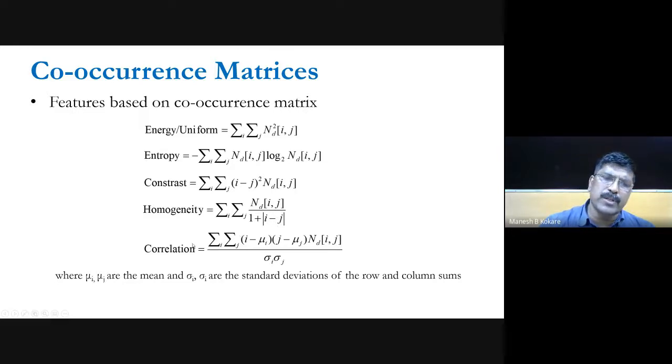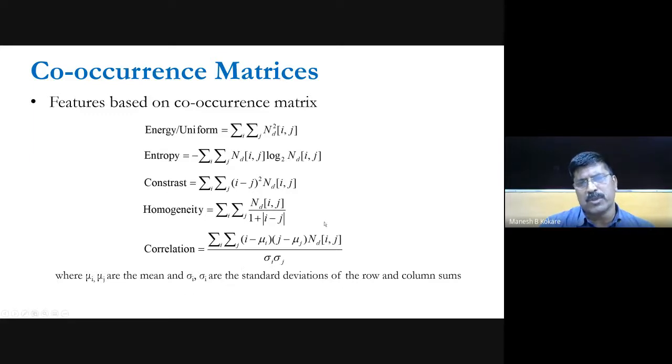And then correlation, you can find out from the co-occurrence matrix, which is given by summation over i, summation over j of (i minus mu_i) into (j minus mu_j), where mu_i and mu_j are the means, and sigma_i and sigma_j are the standard deviations of the row and column sums, right?